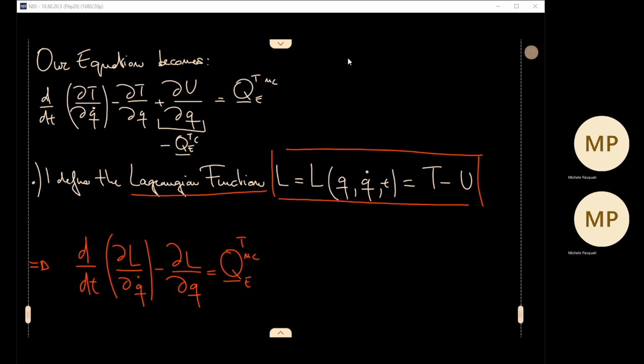And this is Lagrange equation. Or one of the forms of Lagrange equation. You get many of them. Sometimes you write it in terms of kinetic energy, and that's it. You don't actually introduce the Lagrangian function, but sometimes you can find it like this, so it's useful to know.